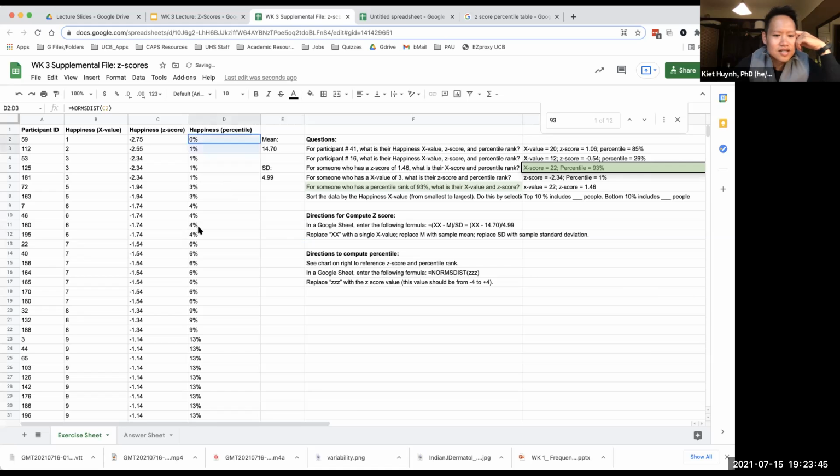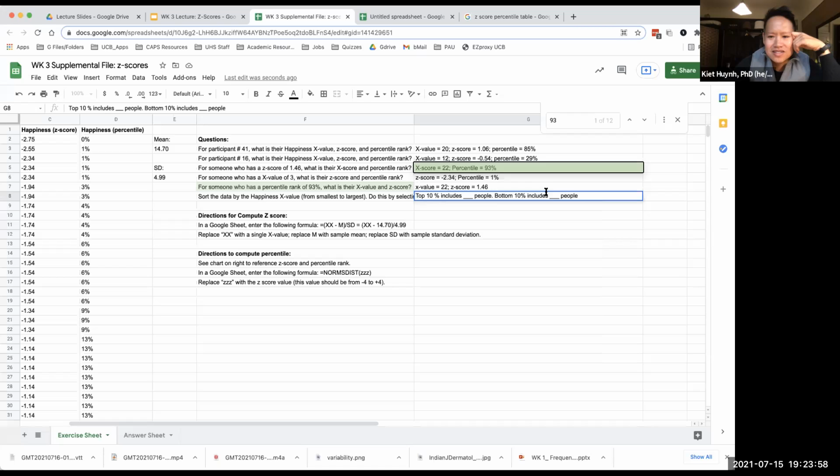You see here the top 10%. This is the bottom 10% of the people. Is it these people? And you click on here to count: 21. So the bottom 10% includes 21 people for happiness level.